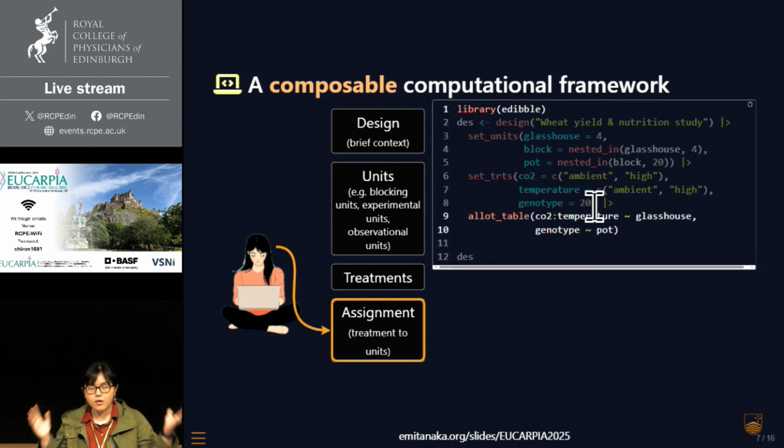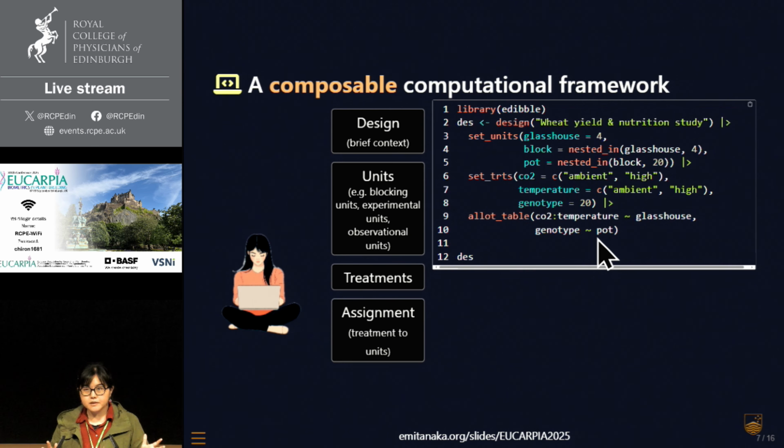It has to be applied on the whole glass house, and that's what we see there. Genotype is something we can vary based on each of the pots, hence I'm assigning the genotype onto the pot. Now, this whole experiment, if you were to give it a named recipe, is commonly referred to as split plot design.